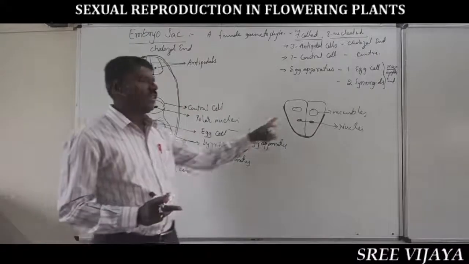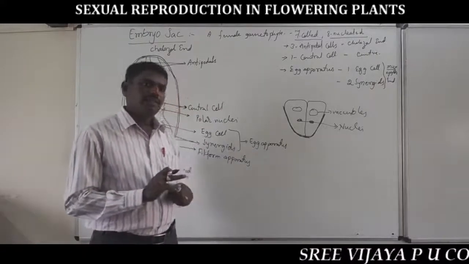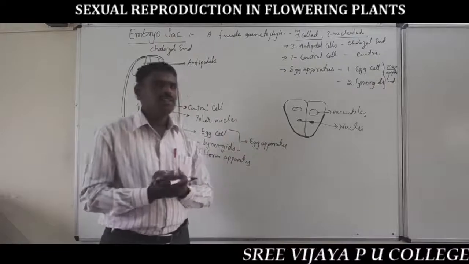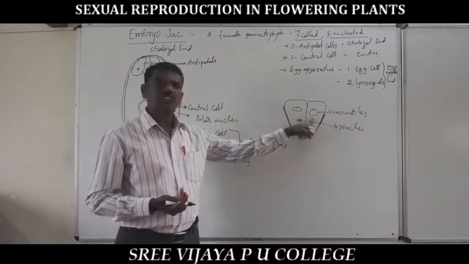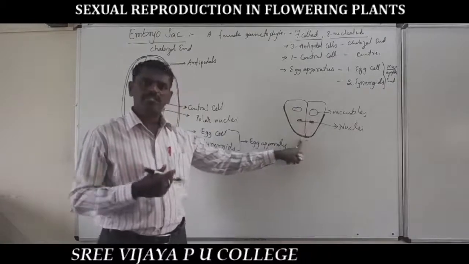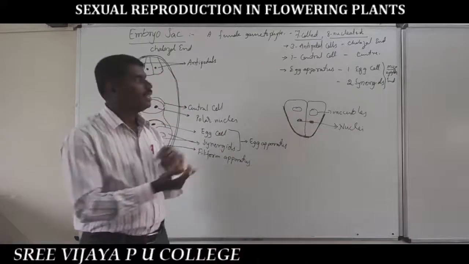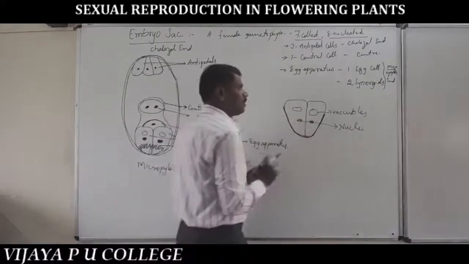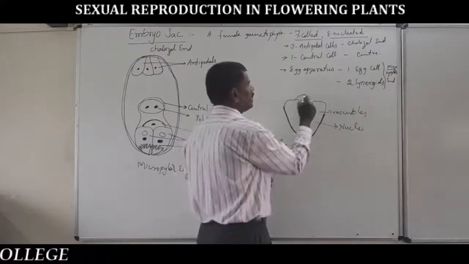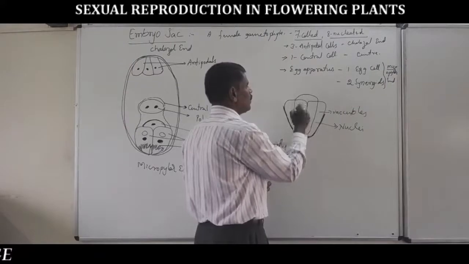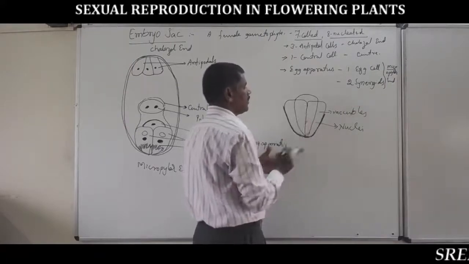The same wall is attached to the egg cell. The two synergids attach towards the basal part, and at the back side the egg cell is attached.